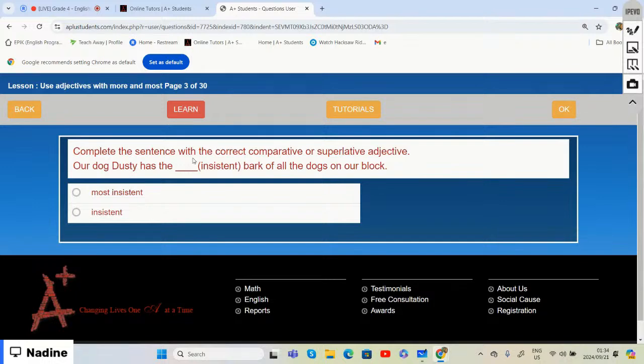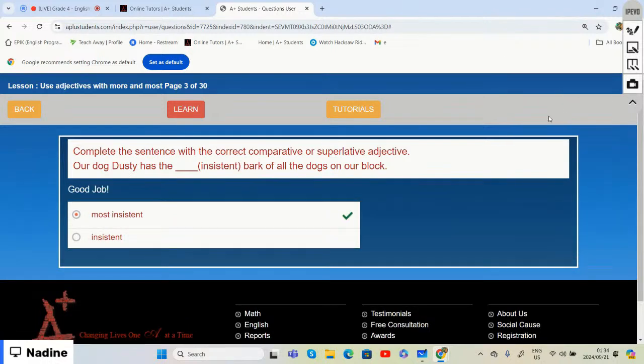And if we were to choose the correct option, where we compare Dusty to all the other dogs on the block, we can say he is most insistent.